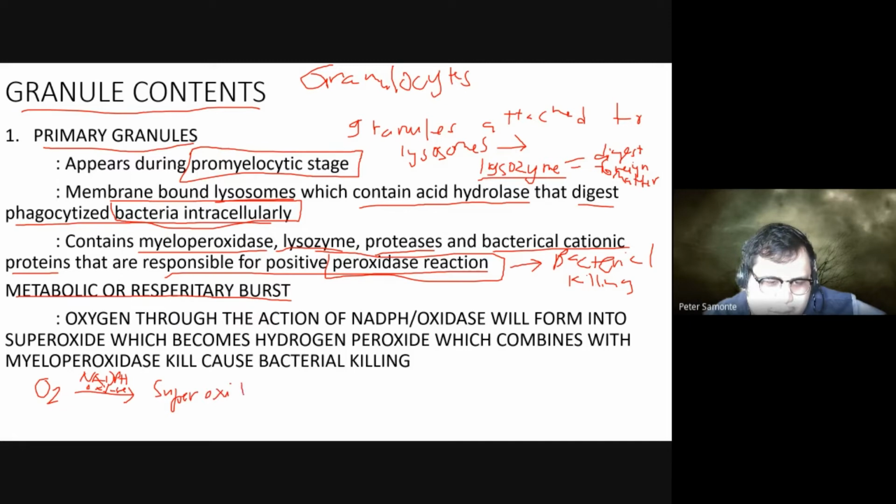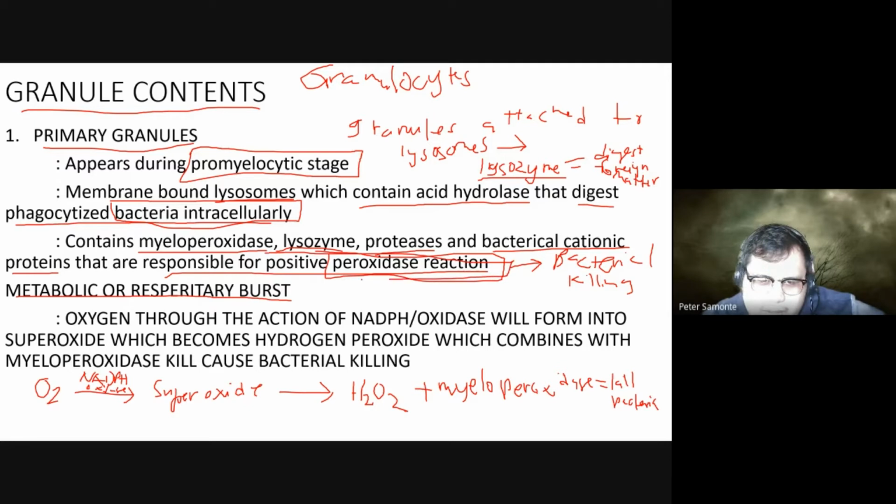Now, your superoxide will become hydrogen peroxide, which would combine with myeloperoxidase. And when that happens, class, it would kill the bacteria. That is what they call the positive peroxidase reaction.